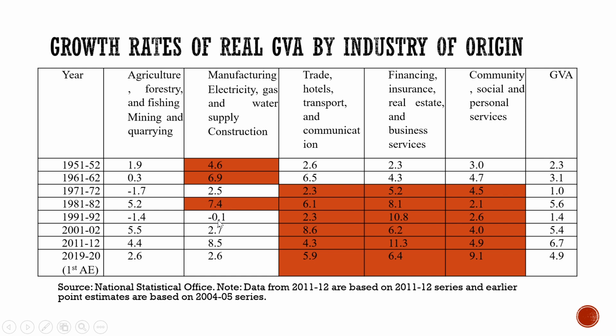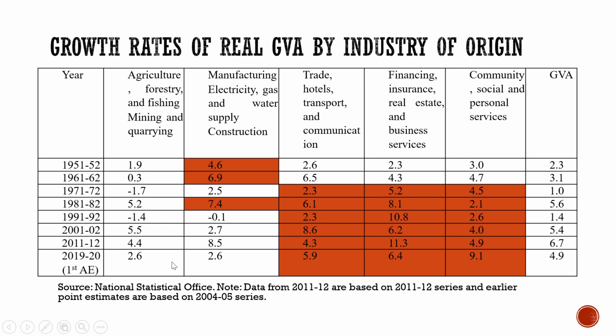But after that, there is a slump, and negative growth rates are there for industry, which we are talking about, because not much care or importance was given to industry, and because of this it happens. The advanced estimates of 2019-20 also show the same thing, as the sector is growing at 2.6% only, like agriculture.